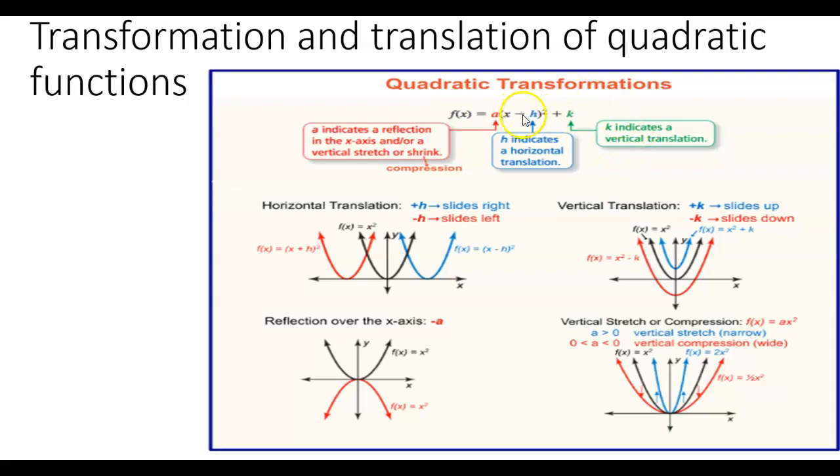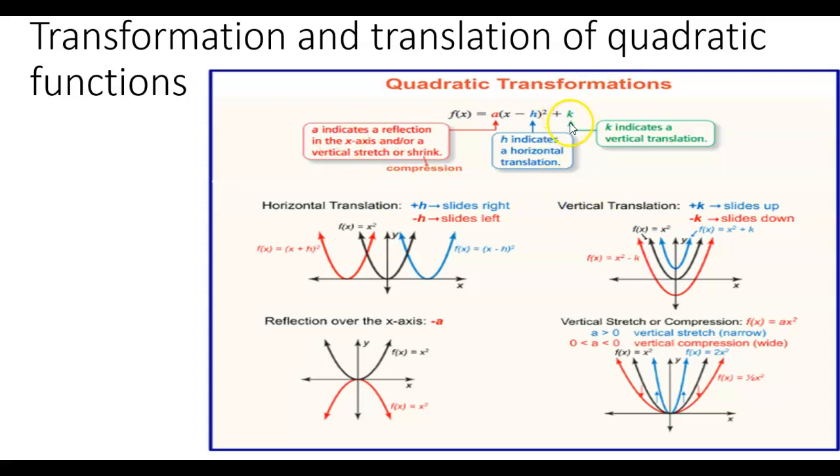Because of the minus in the formula, when we add something, it'll actually move it to the left in the negative direction. And when we subtract something, it'll actually move it in the right direction. So whenever we have a formula like that and there's a minus in that formula, we usually move it in the opposite direction to what we would normally think is positive and negative.